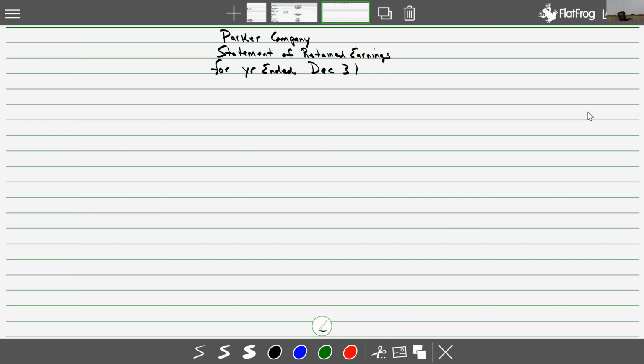And it, just like the income statement, is labeled with a four-year ending. Okay. You do not want to just put the date. The only time the specific date goes on there is on the balance sheet, because that is a snapshot of time.